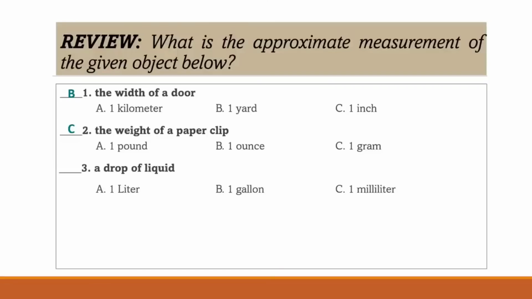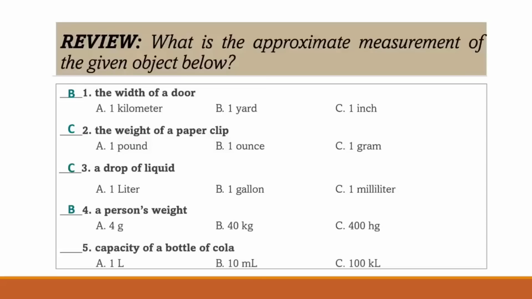Number 3, a drop of liquid is approximately 1 milliliter. For number 4, a person's weight is approximately 40 kilograms. And for number 5, the capacity of a bottle of cola is approximately 1 liter. So the answer for number 5 is letter A.